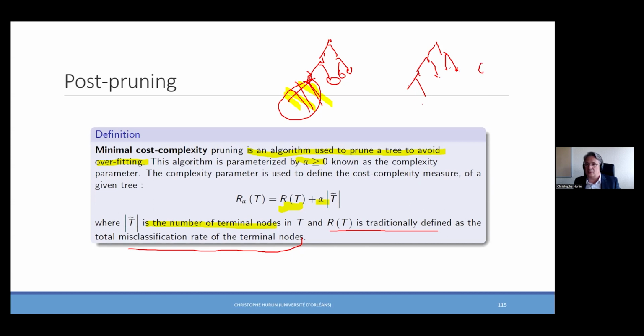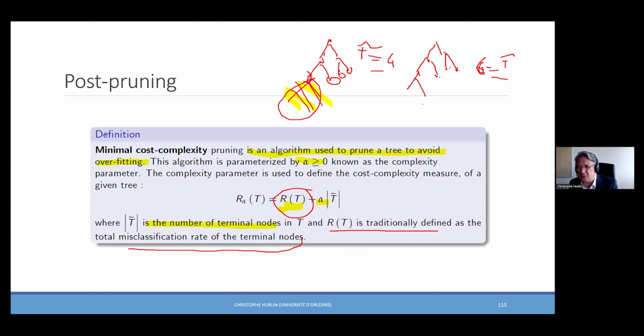So I have 6 terminal nodes. And here I have only 4 terminal nodes. Is it clear? So this model on the left is less complex than the model on the right. But now the question is to know what is the accuracy.